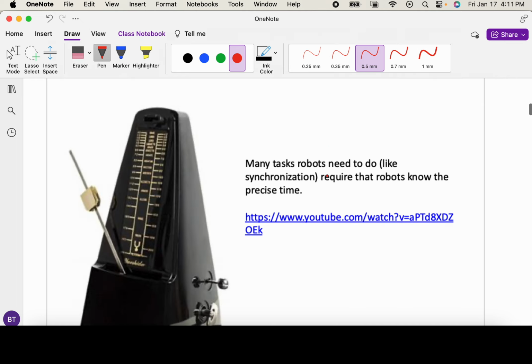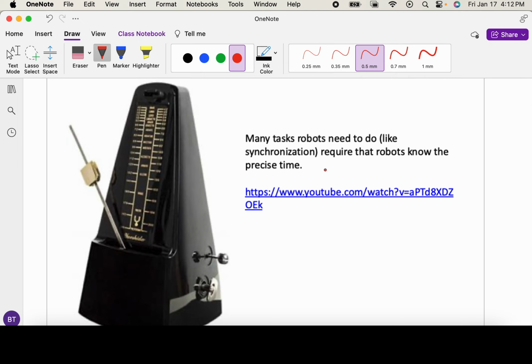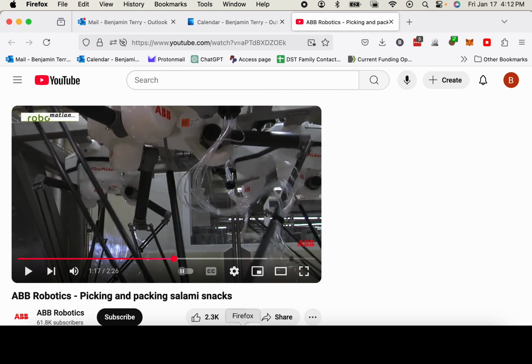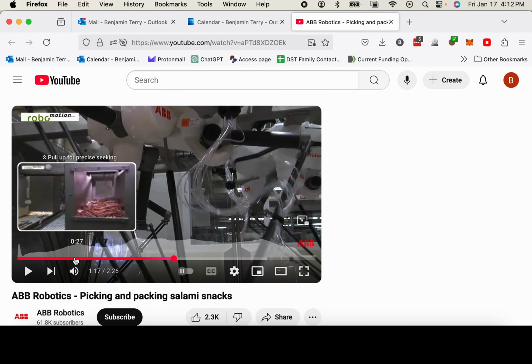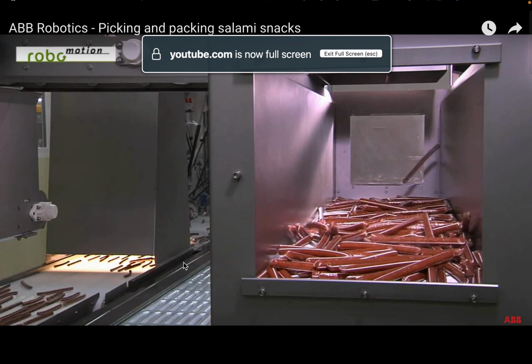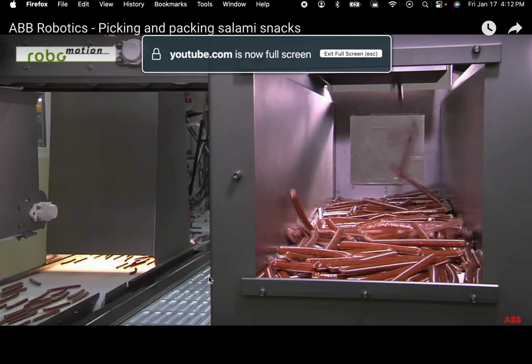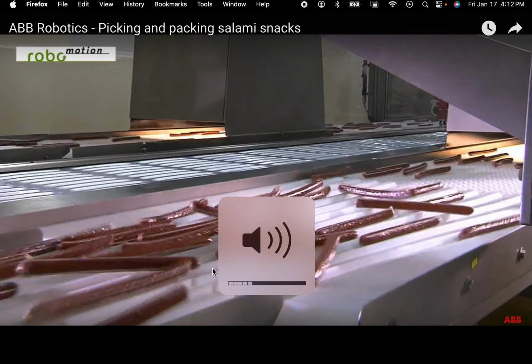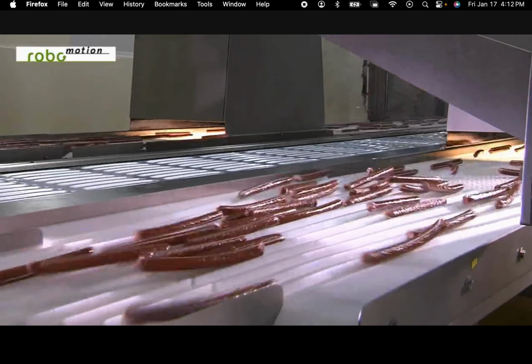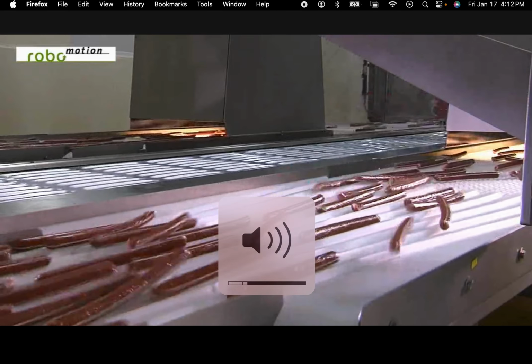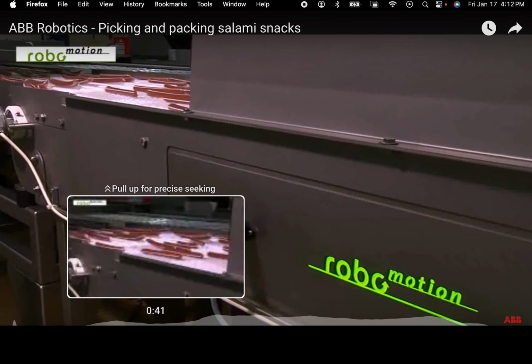All right. So of course, most robot applications, I would say all robot applications, need precise timing to do what they need to do. So let's take a look at this little video here. So here's some robots, some funky music, packaging Slim Jims or some Slim Jim shaped object.